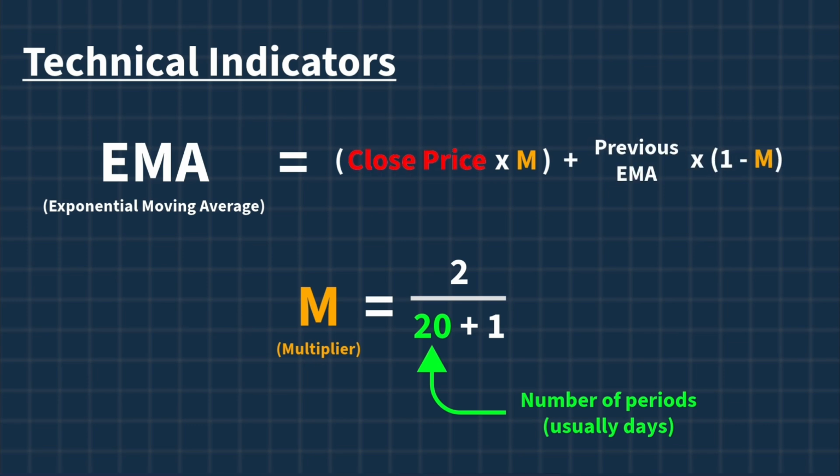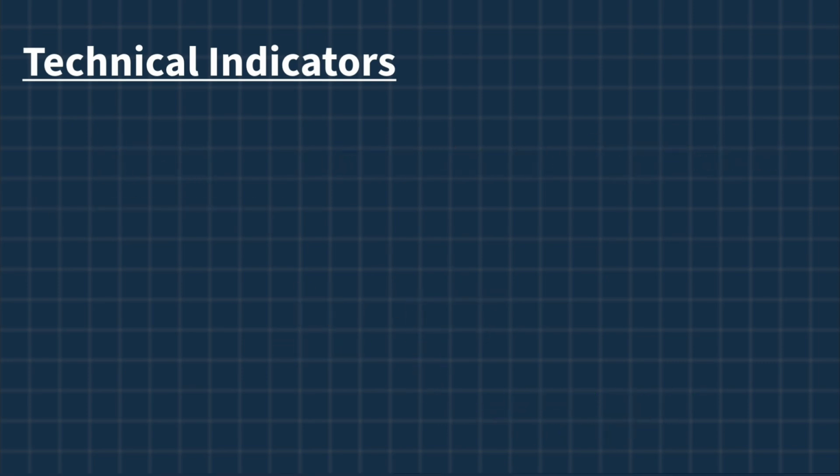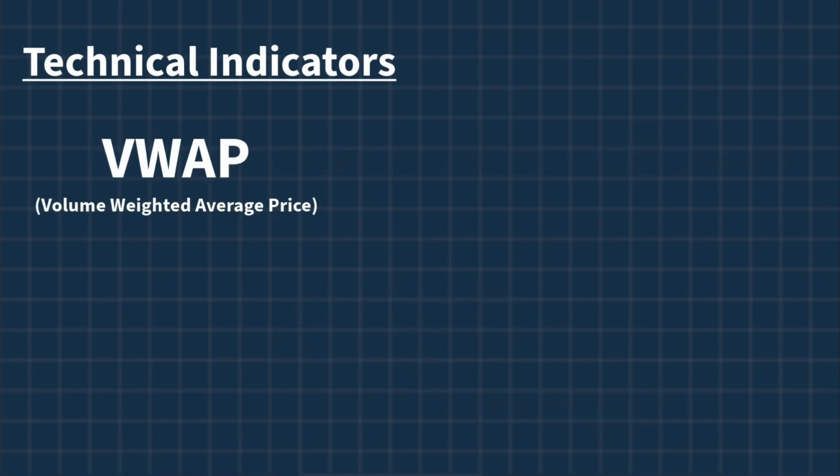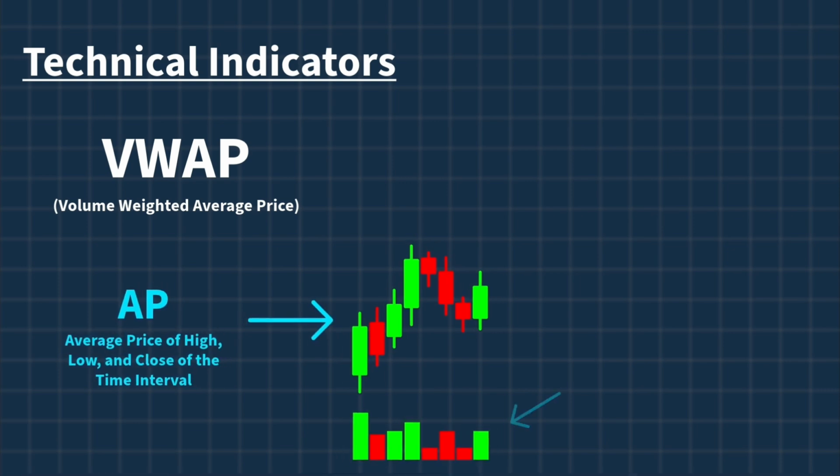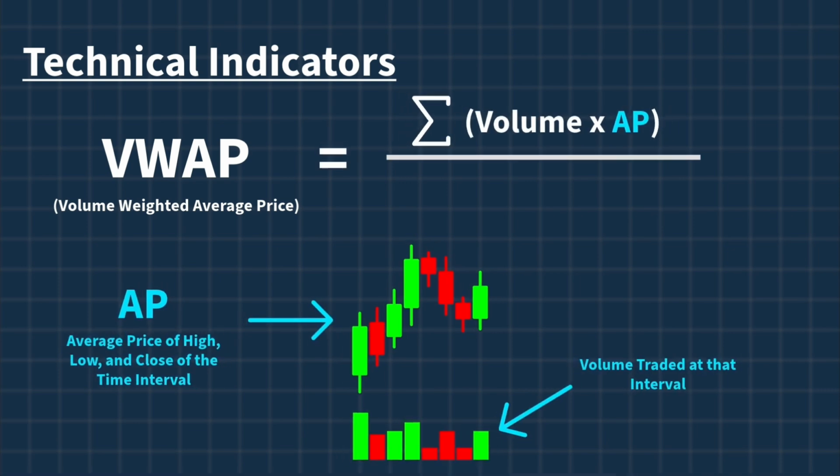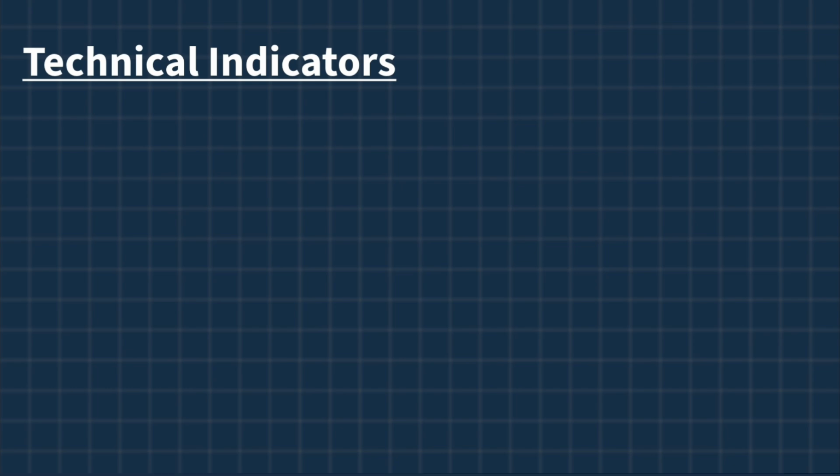So some more numbers and just the price. Then you have the VWAP, or the volume weighted average price, which is the sum of volume times the price divided by the sum of volume. So you are using volume and price.